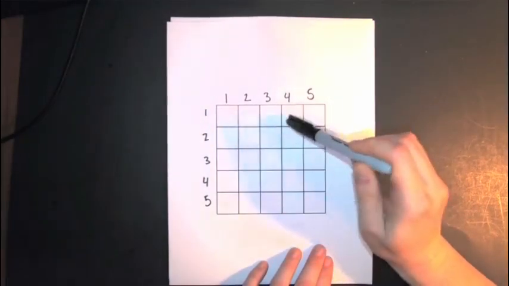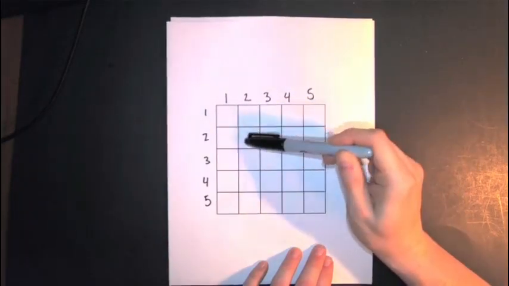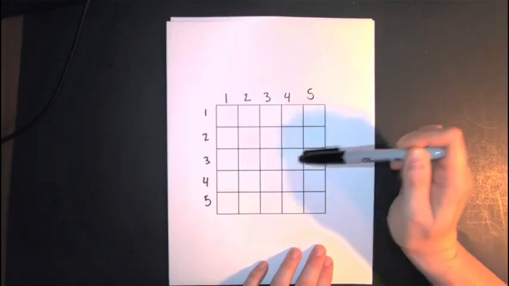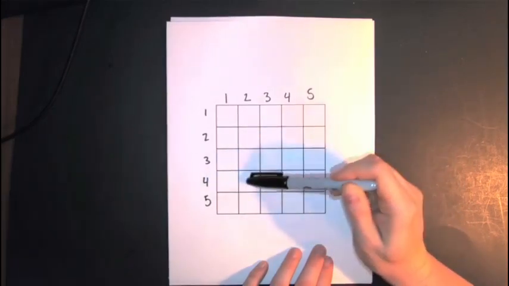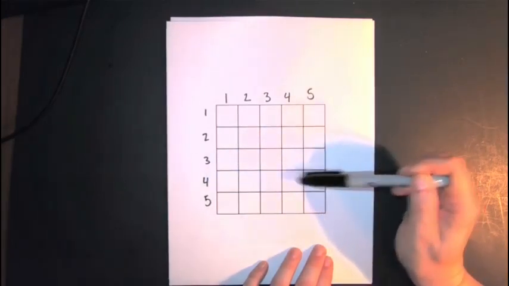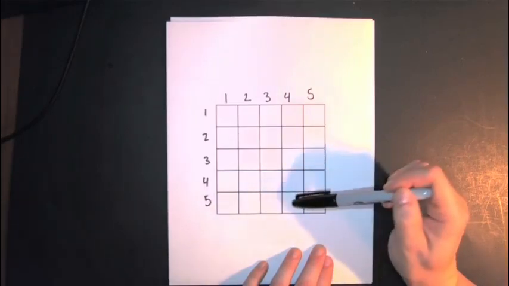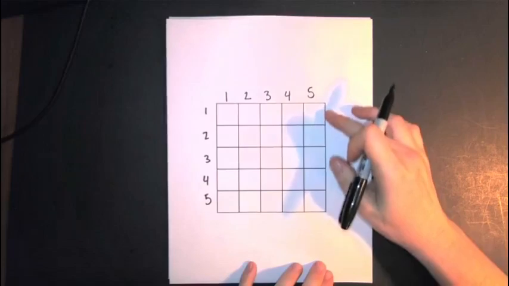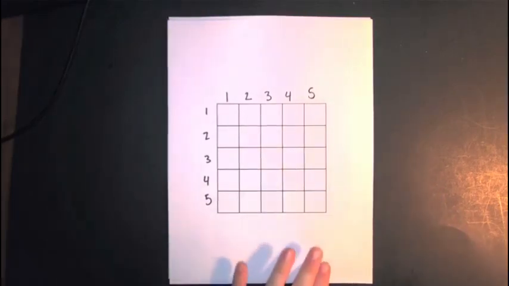1, 2, 3, 4, 5, 6, 7, 8, 9, 10, 11, 12, 13, 14, 15, 16, 17, 18, 19, 20, 21, 22, 23, 24, 25. So if you were listening, that's 5s.